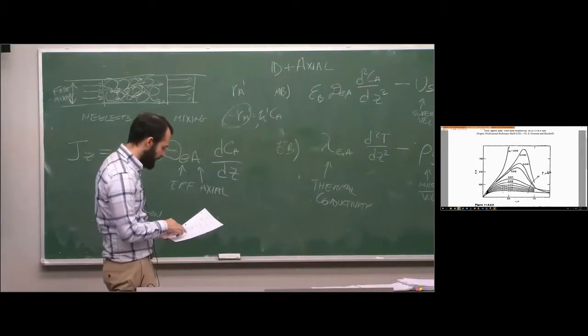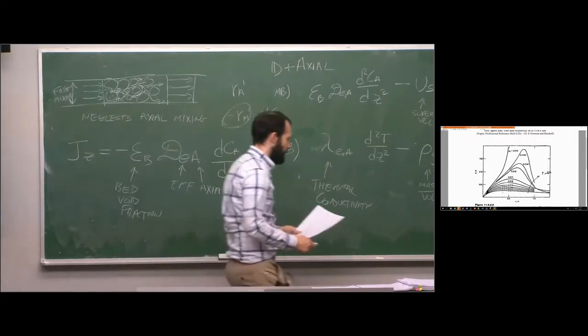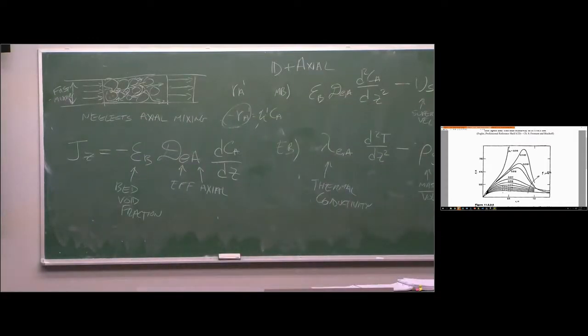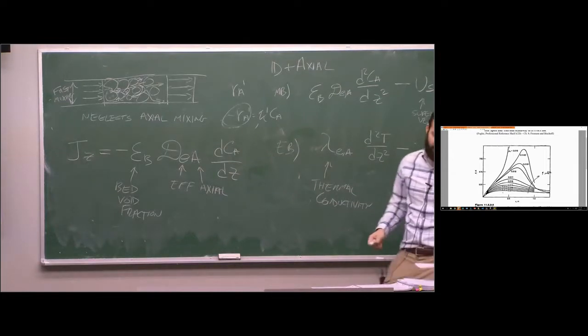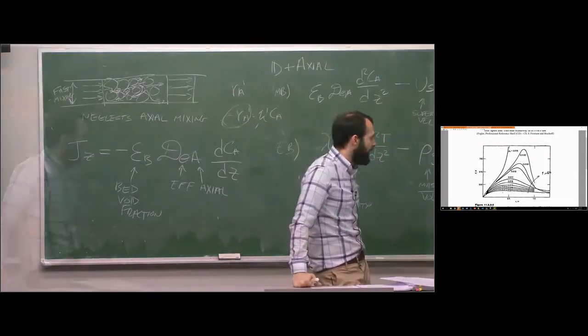All right. Hopefully everybody can read that. It's u dT/dz, T minus Ta equals 0.